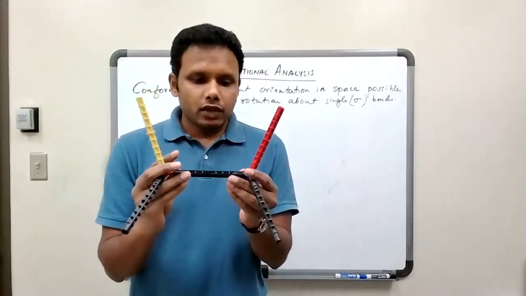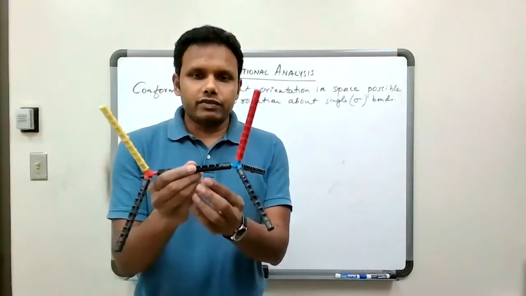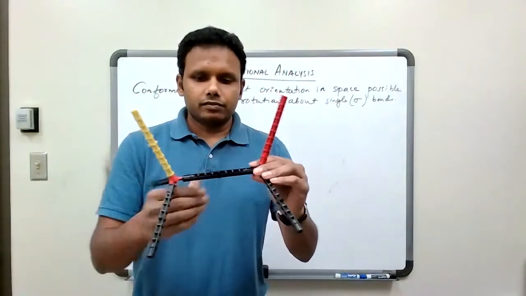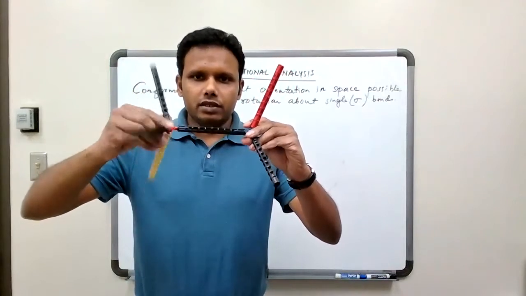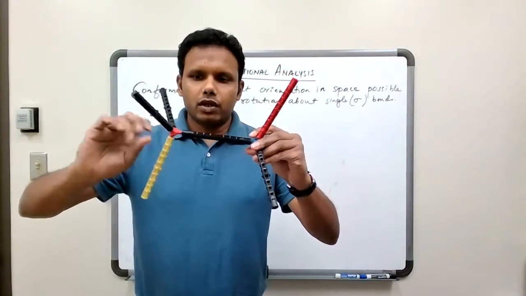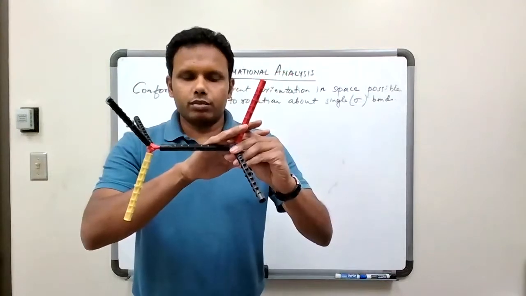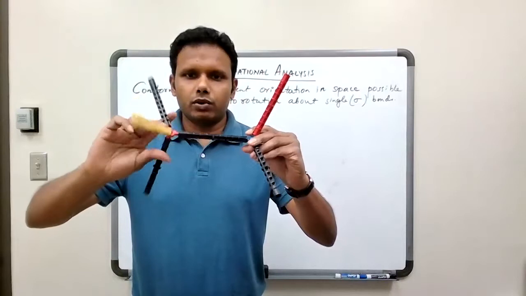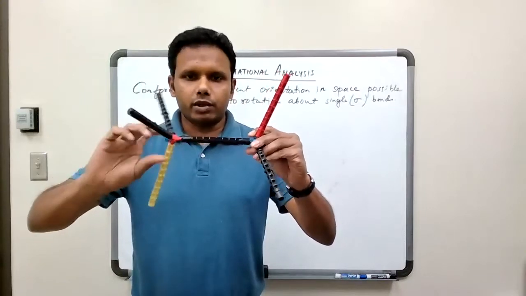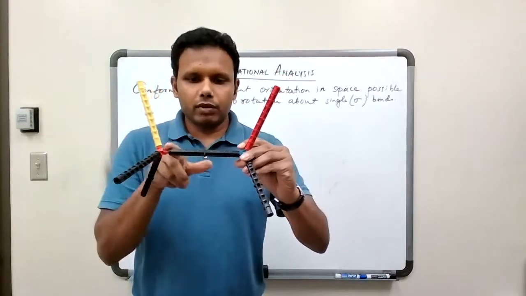One of the important characteristics of a sigma bond is that when you have a sigma bond, you can rotate about the sigma bond. Notice how I'm holding one carbon steady and the groups around it steady, and I'm rotating the other carbon. Does that break the sigma bond?